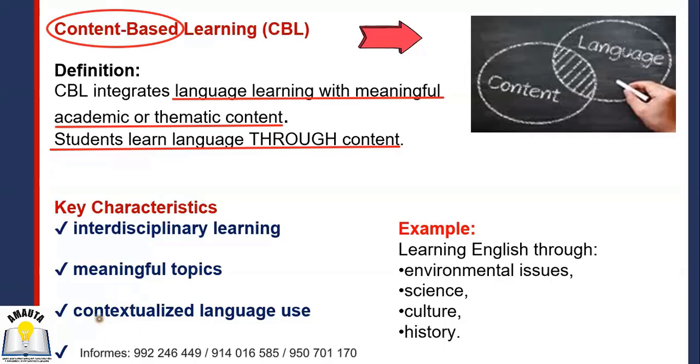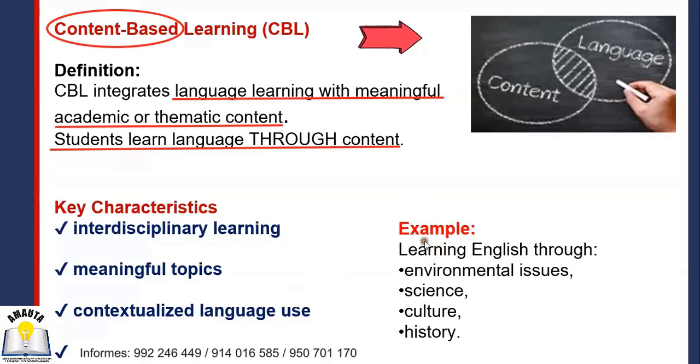Exactly, contextualized language use refers to the communicative situation, the communicative purpose. We should provide our students opportunities to use language in real life situations. And yes, the cognitive engagement.